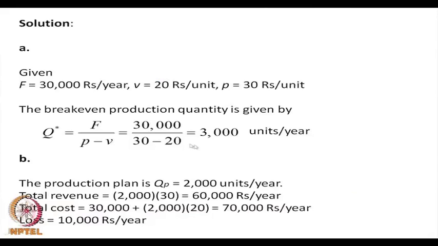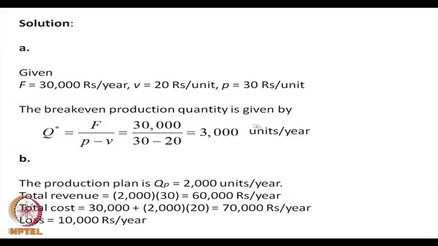Solution is very simple. First of all, given F equal to 30,000 rupees per year, the unit variable cost is 20 rupees per unit and the unit price is 30 rupees per unit, P is greater than V, and the break-even production quantity is simply F divided by P minus V, which is 30,000 divided by 30 minus 20, 3000 units per year.